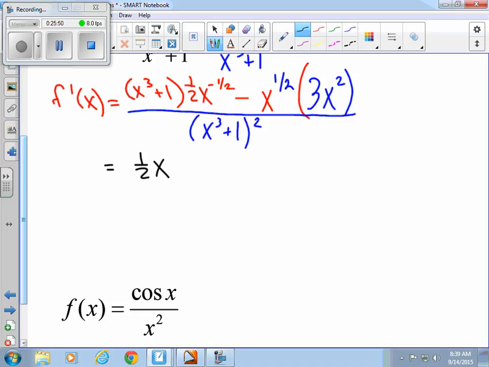Together with the same base, add the exponents. So I'm going to do the 3 plus negative 1/2, which is 2 1/2 or 5 over 2. Two plus 1/2 is also 2 1/2 or 5 over 2.